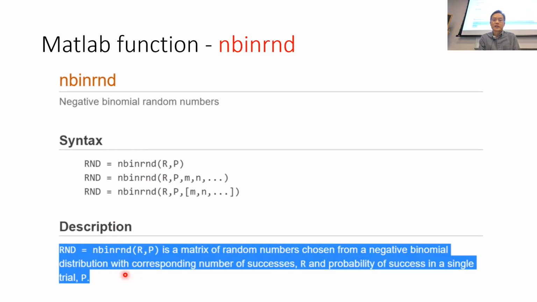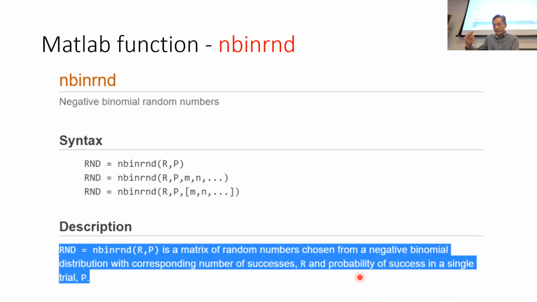R is the number of successes. And P is, when you do a single trial, the probability of success. So if I have a coin with 50% tail and 50% head, my P will be 0.5.